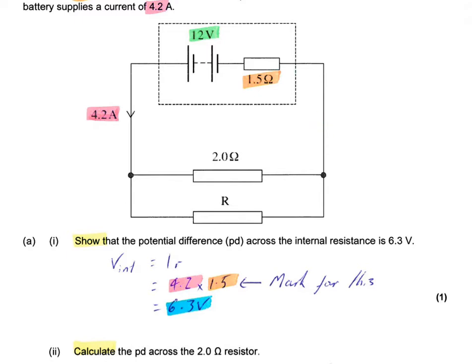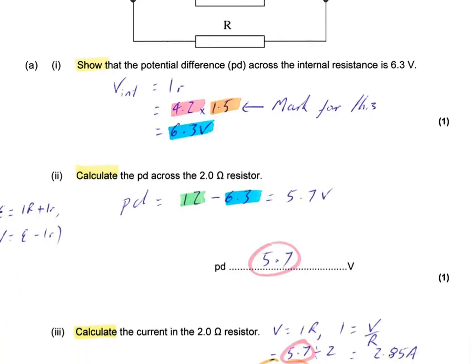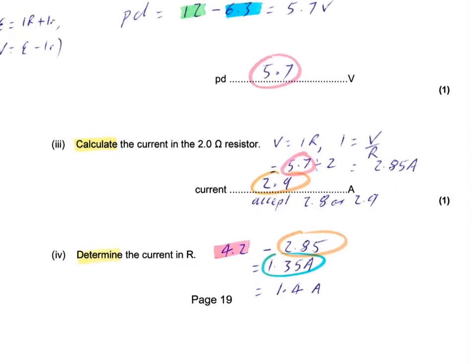You can see the same at this point, coming out of the 2 ohm, coming out of R, have to add up to the 4.2 that will be going our way around that section. So we've got the 4.2 amps in the main loop of the circuit, take off the current we've just worked out, 2.85, and I get 1.35, which if you round it in the usual way, gives you 1.4 amps.